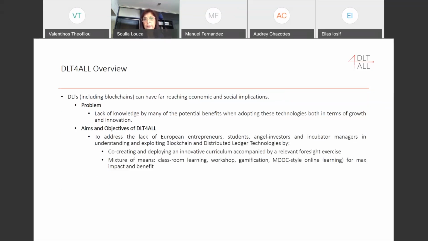We realized that there was quite some scattered knowledge all over the internet. The University of Nicosia was at the time offering already a master's degree in blockchain technologies. So we thought that it would be a good idea to put together a curriculum that would be available to everybody interested in the technologies to learn more about how they could be using them in their own field, in their own discipline.